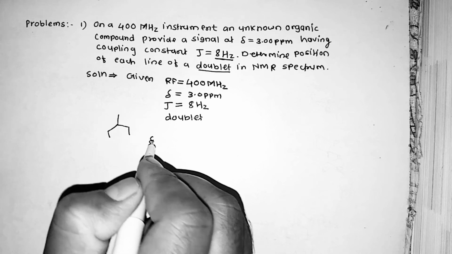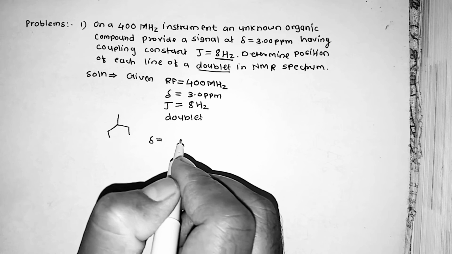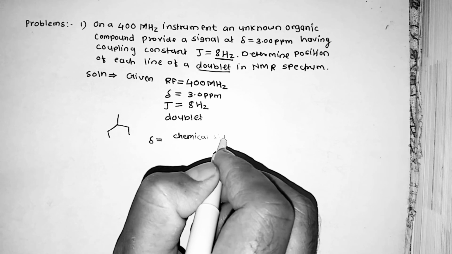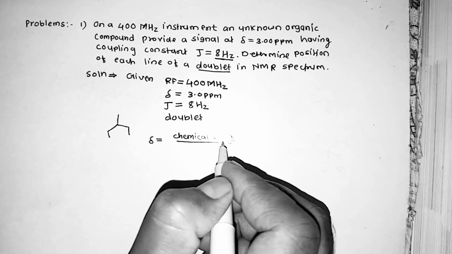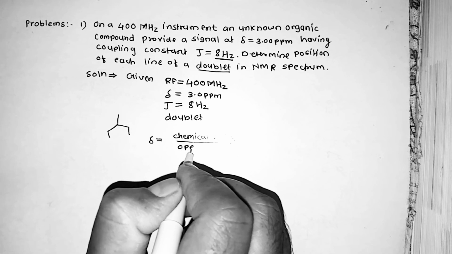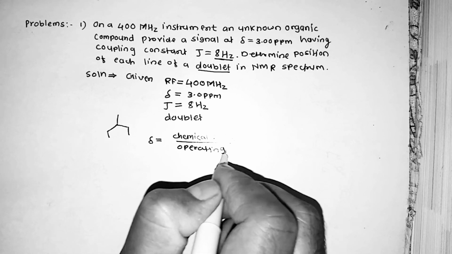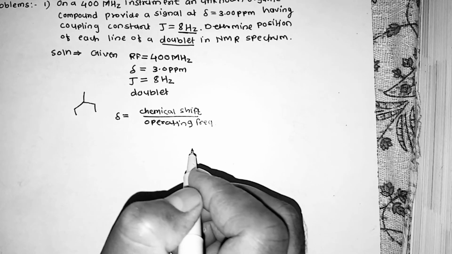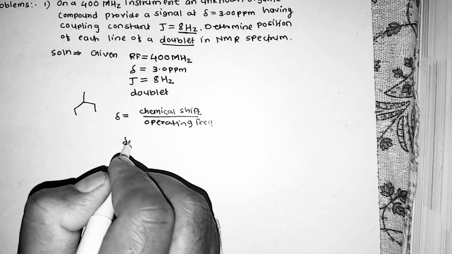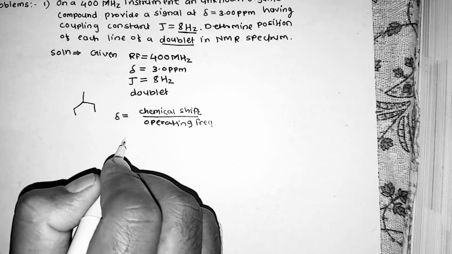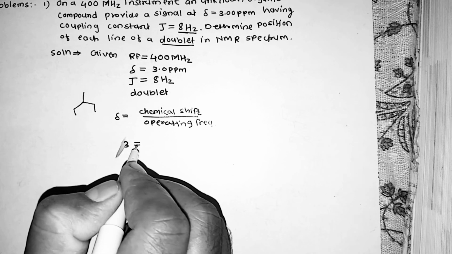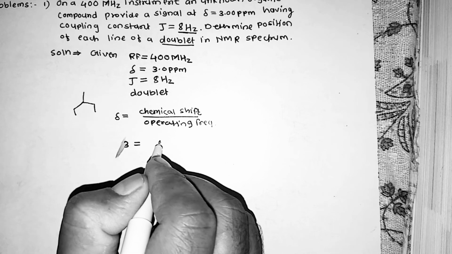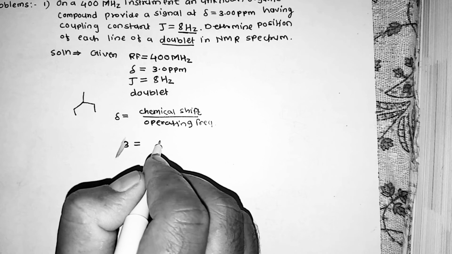Apply the formula del is equal to chemical shift upon operating frequency. Now del is given, that is 3.0, so 3 is equal to chemical shift, which is to be determined.